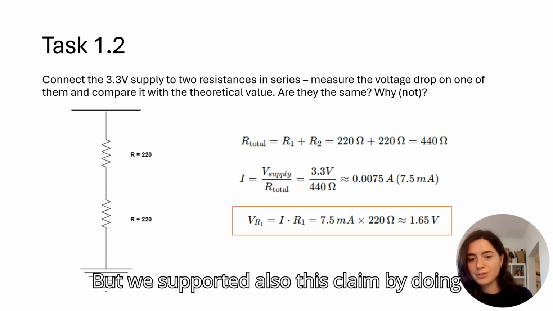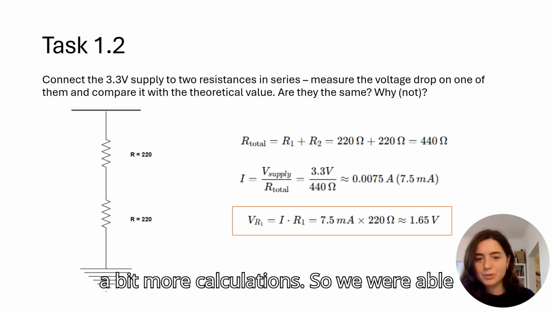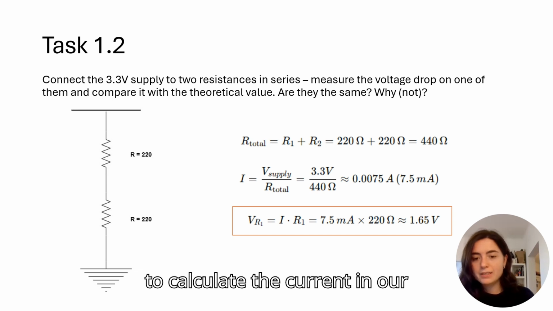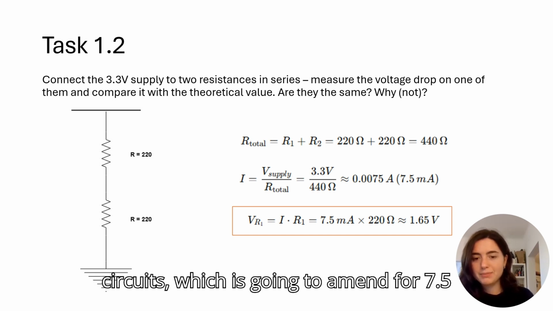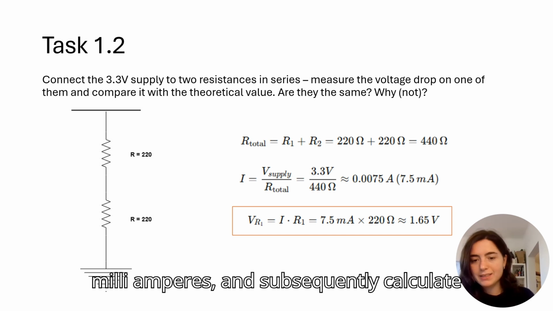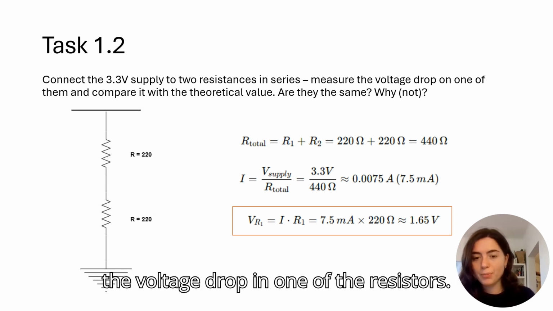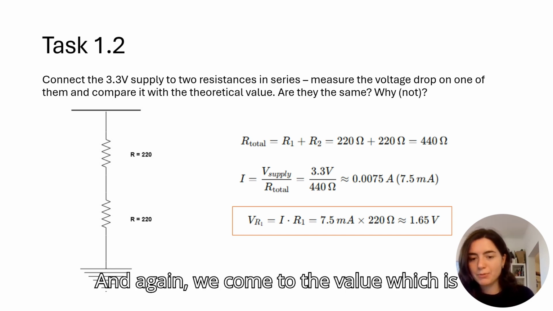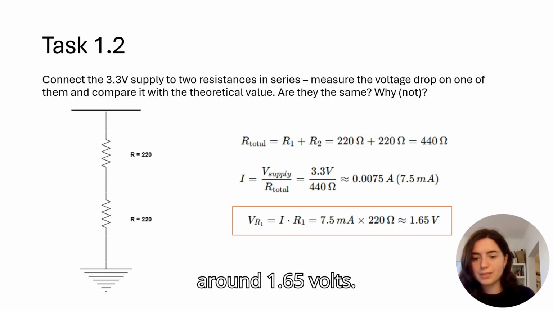But we supported this claim with a bit more calculation. We calculated the current in our circuit, which amounts to 7.5 milliamperes, and subsequently the voltage drop in one of the resistors. Again, we come to the value of around 1.65 volts.